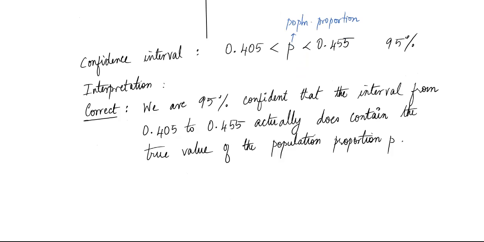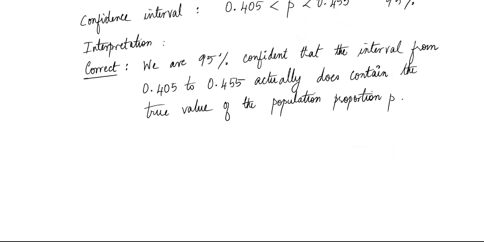It depends on what level we set: if we set 95%, we're 95% confident; if it were 99%, we'd say we are 99% confident. We're confident that the true value lies in this interval.